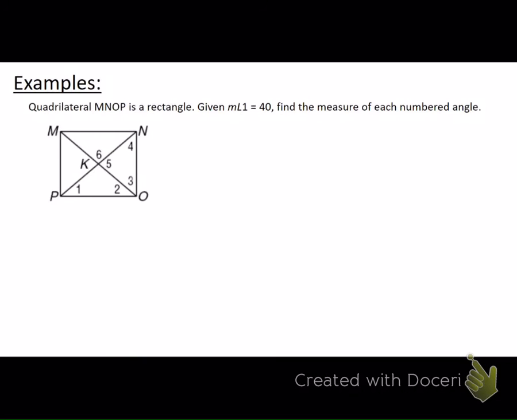So quadrilateral MNOP is a rectangle. Given that the measure of angle 1 is 40, find the measure of each numbered angle. So if this is 40, what other angle is 40? Measure of angle 2 is also 40. Devin, what angle do you want to help me find?